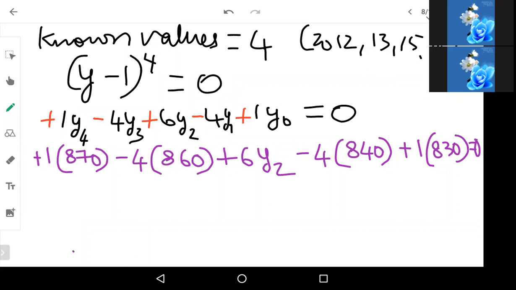Understood this step? This is the most important step, where you will have to know which number to assign where. Directly from the question, y4, y3, y2, y1, y0 have been assigned.